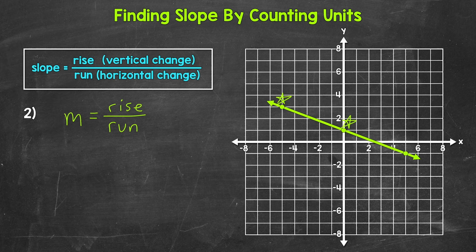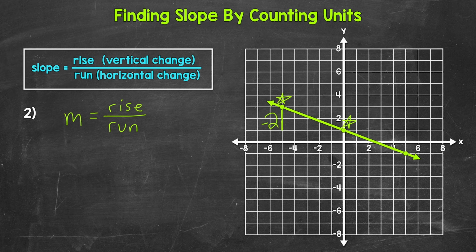Let's start with the rise, the vertical change. So looking from the left point to the right point here, we need to go down from the left point to align with the right point. We go down 1 unit, 2 units, and since we went down, our rise is negative. This is -2.